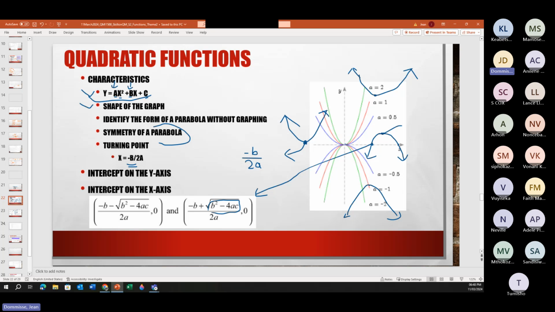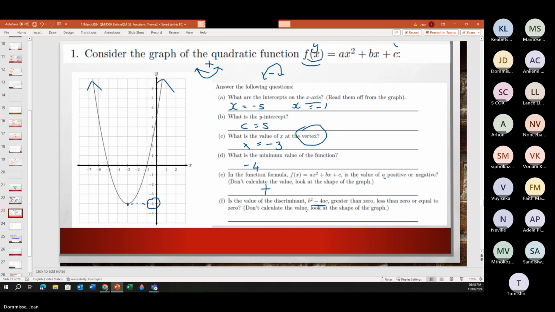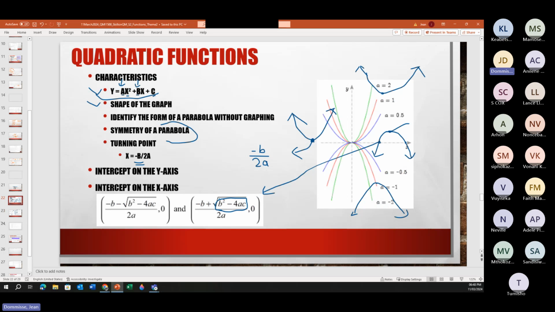Okay, so if you look at that and you see that you have 2 x values, it means that it must be positive, because if it's 0, you will be heading to that point.